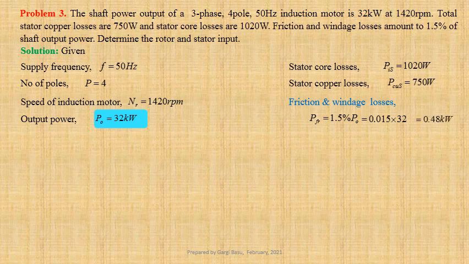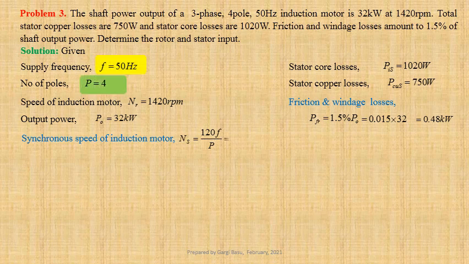Let us now calculate synchronous speed of induction motor. Ns equals 120 F by P, that is equal to 120 into 50 divided by 4, that gives us 1500 rpm.